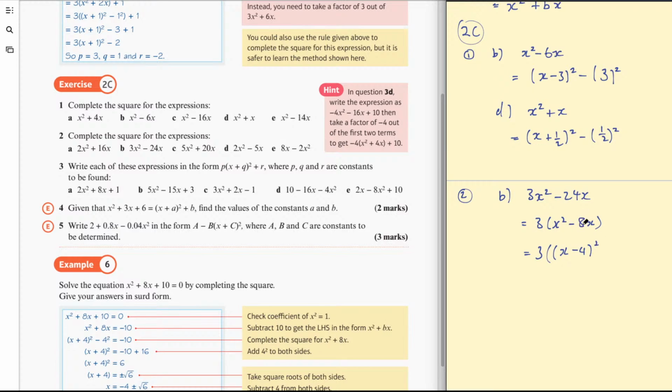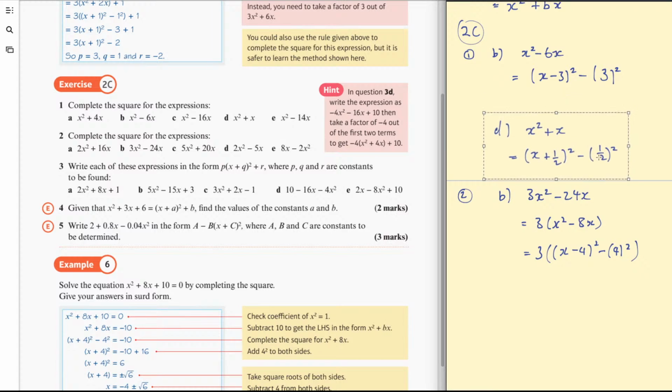So half of negative 8 is negative 4. And then we subtract 4 squared. And you can also expand the 3 out. So, oh, I should have written this one up here as take 9.